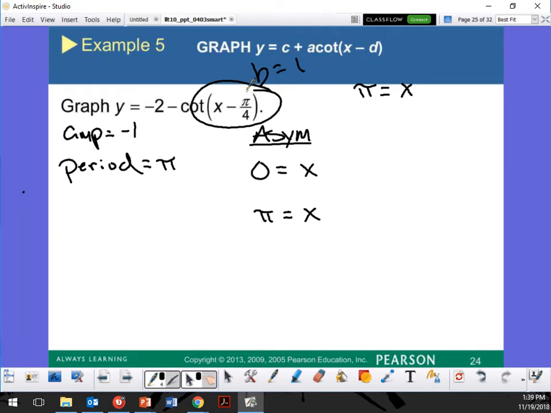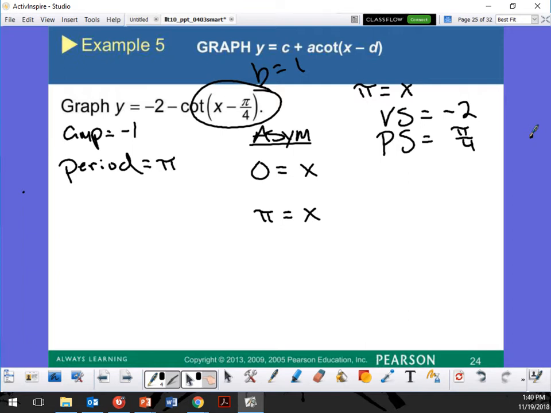So let's list everything. My vertical shift is going to be what? Negative 2. My phase shift is going to be a positive pi over 4. Why?